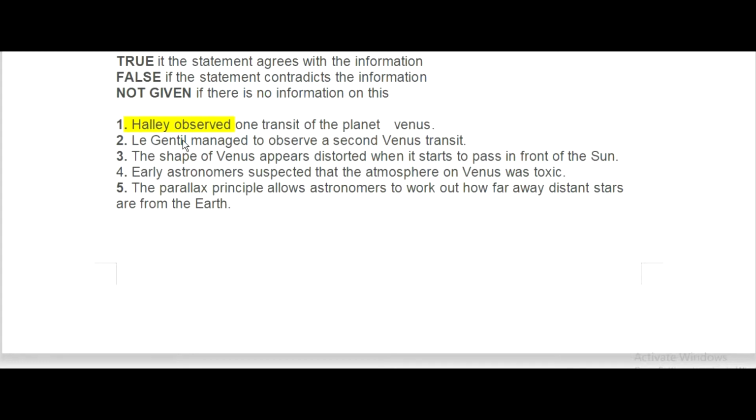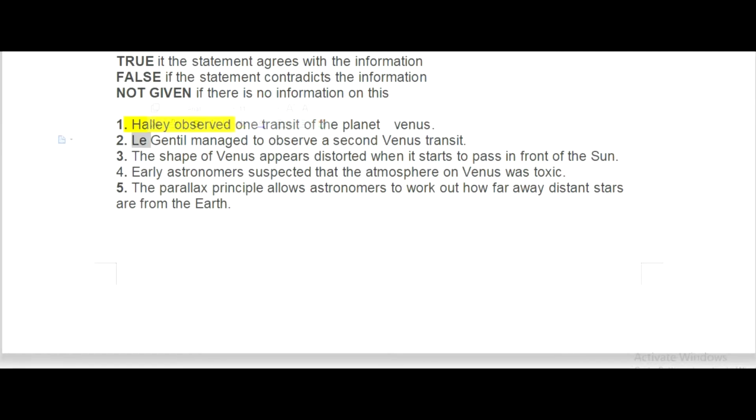Otherwise, find the other keywords first, and afterwards, just to make sure we have found the correct matching sentence, look for other keywords like Venus or transit. You will see an example for that very soon. For now, just keep moving on, and let's mark keywords for the next question.